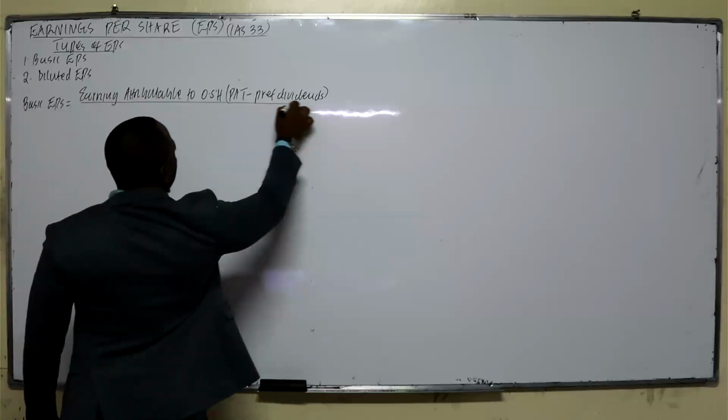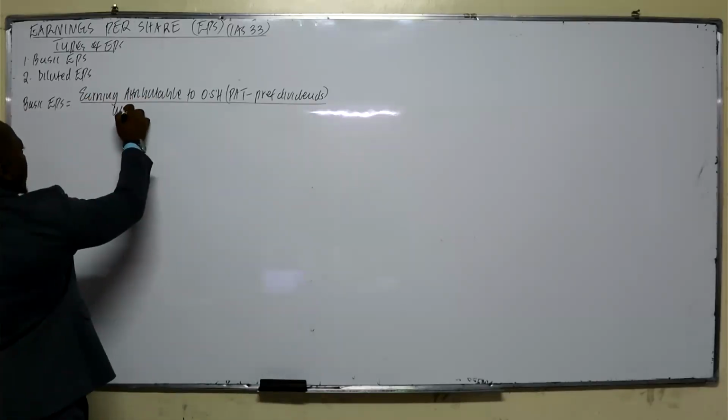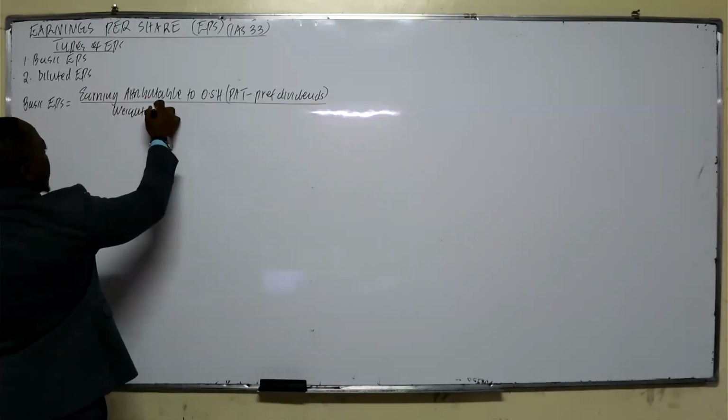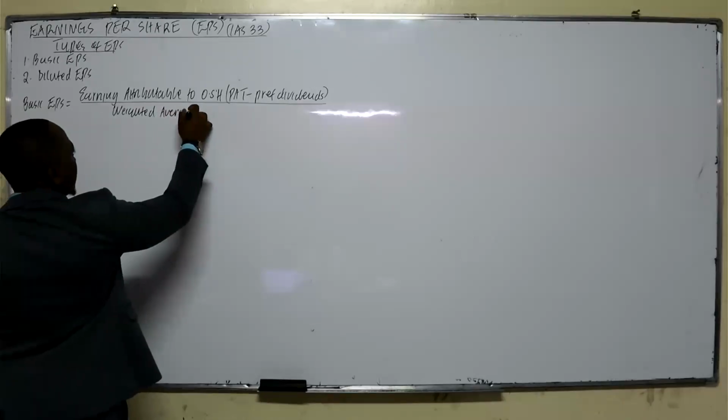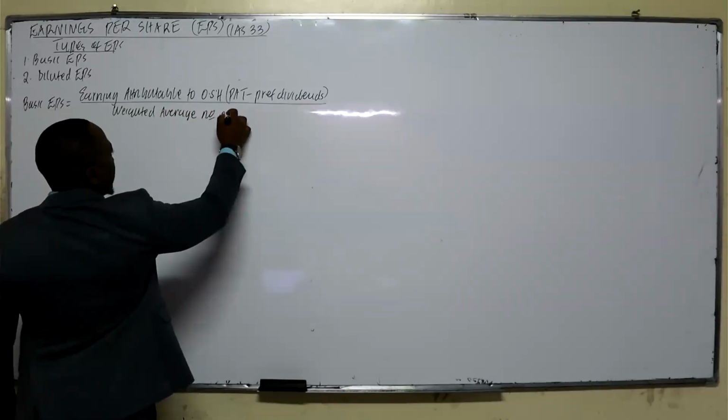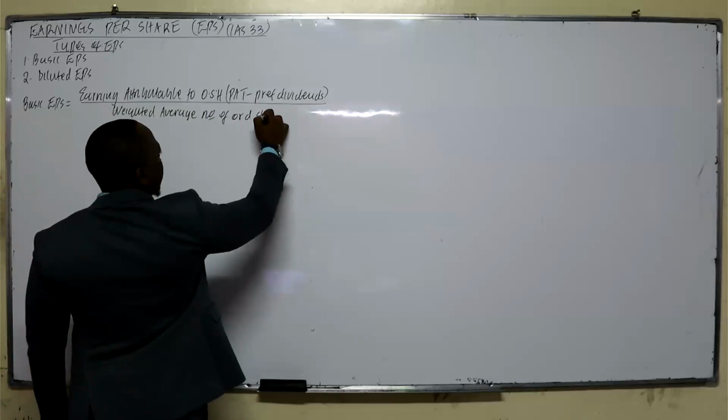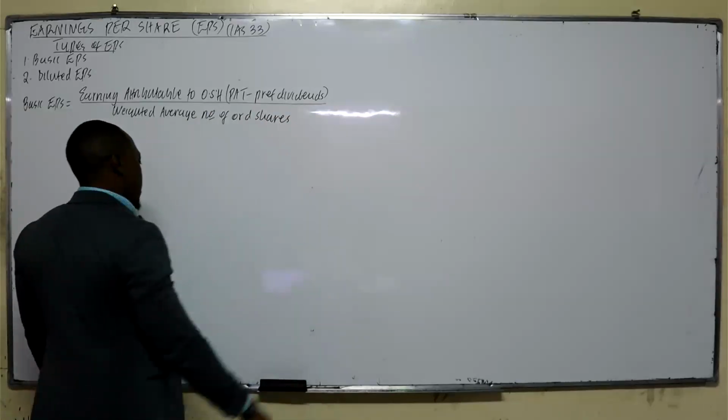Then you divide by the weighted average number of ordinary shares.